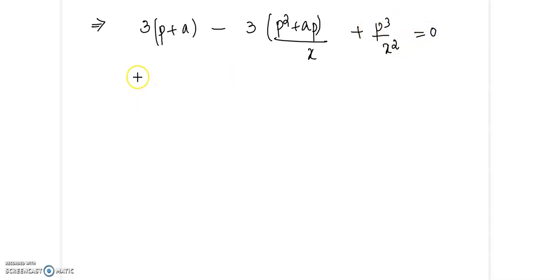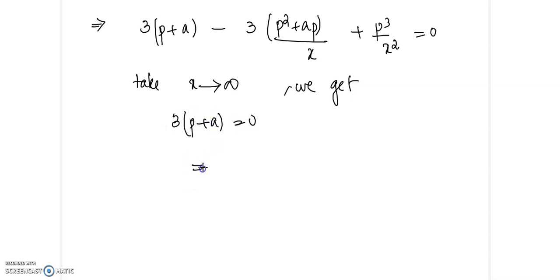Now take the limit as x tends to infinity. So when you take the limit as x tends to infinity, we get 3p plus a is equal to 0. Okay, it's not p plus a.